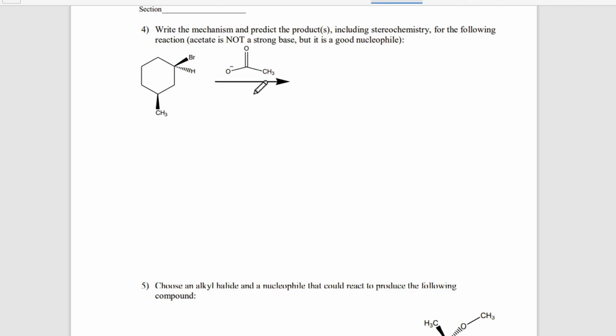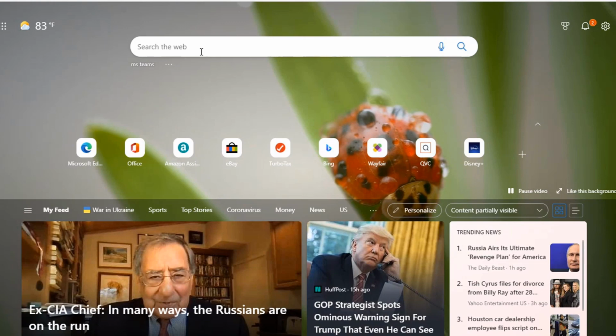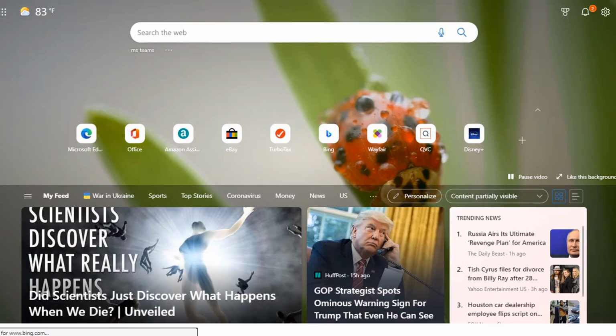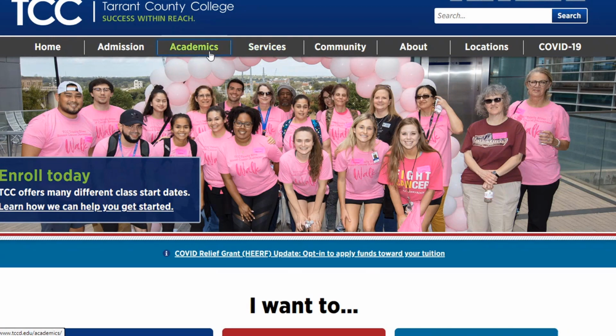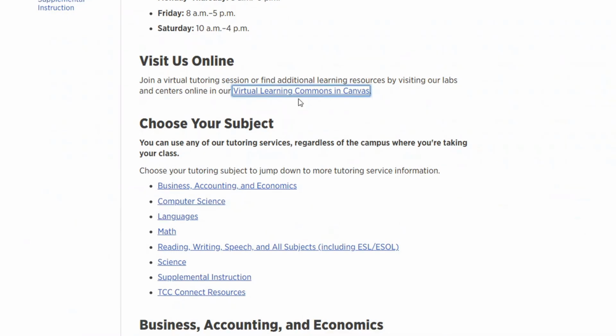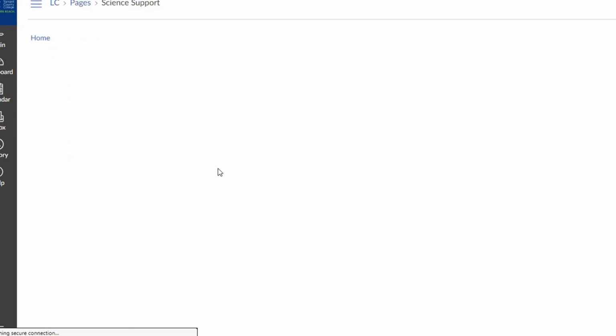All right. But in this case, actually, let me pull something up for you because I think this is going to be really helpful. It's my elimination versus substitution flowchart. So let's take a look at this. tccd.edu. Academics, academic help, labs and tutoring, virtual learning commons and Canvas, and science support.